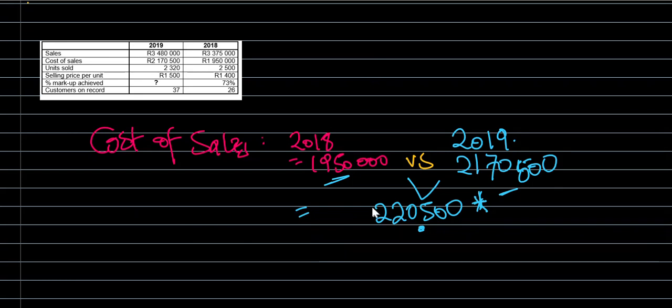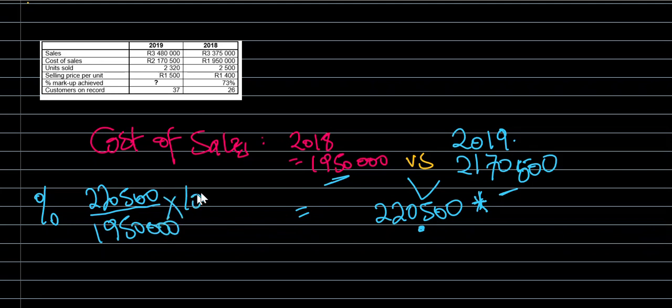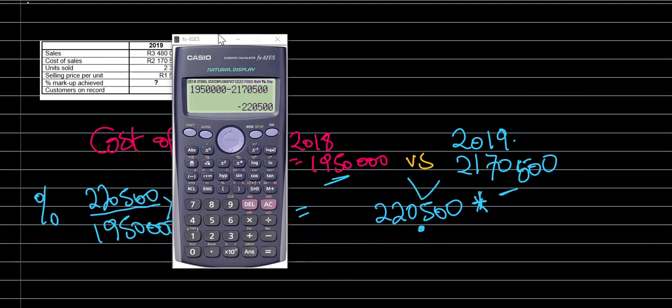When you calculate the percentage, you take 220,500, then divide by 1950,000, times by 100 over 1. Let's see how much we're going to get.